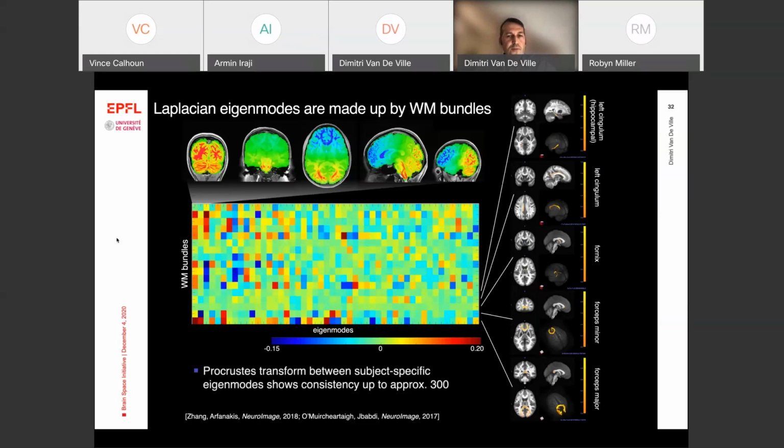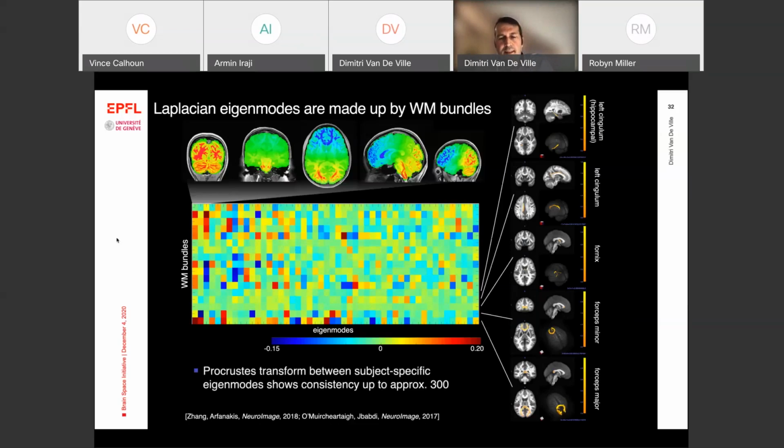Although I don't have time to go much into detail, as said, all these high-resolution brain graphs are subject-specific, and we actually also looked at how to normalize them and come up with a group-level representative.